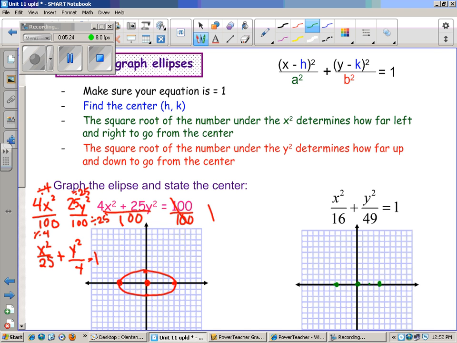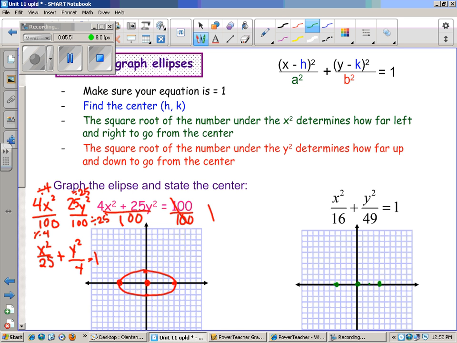Now, be really careful because I don't do this very often, but once in a while, like on a standardized test or like on the ACT, they will flip these because it's addition, so it's commutative. You could put them in any order, right? So if you don't pay attention to where the x and the y is, if the 49 were here, it's still underneath y, so it still would be up and down.